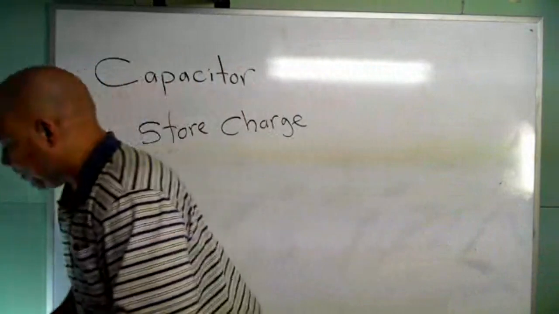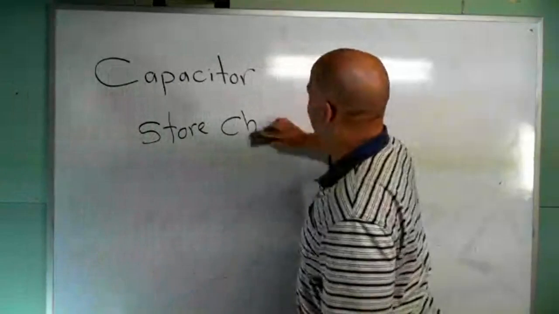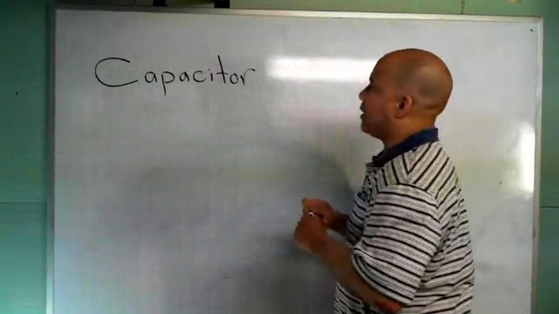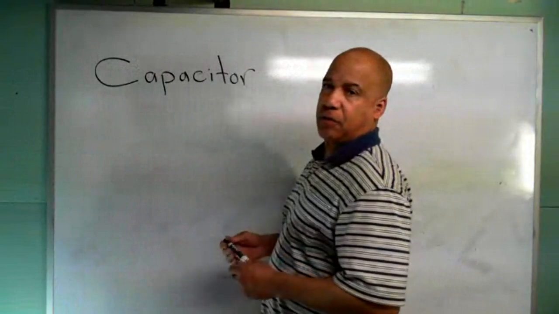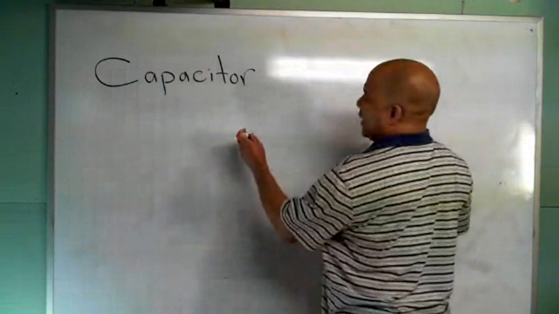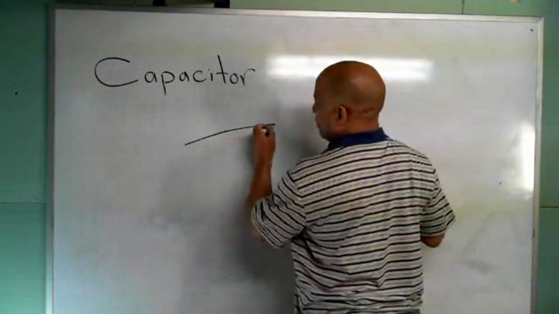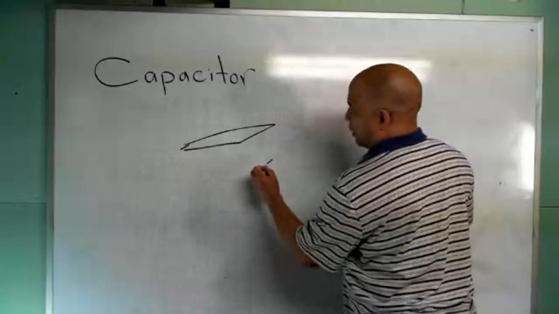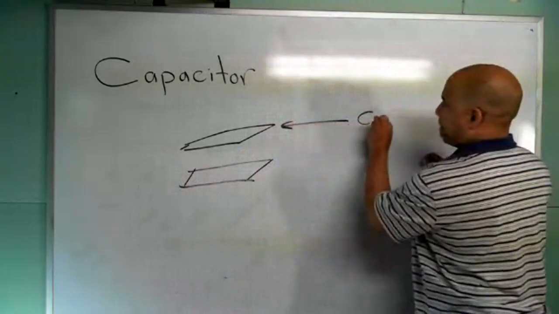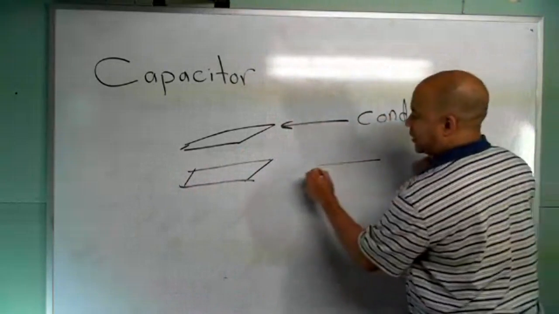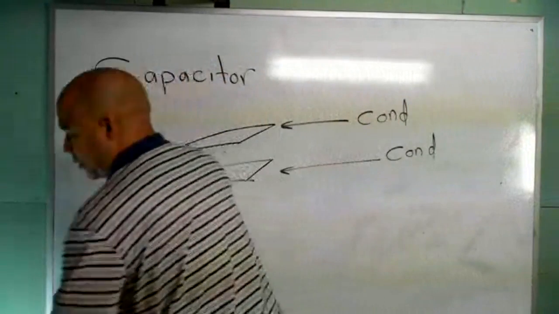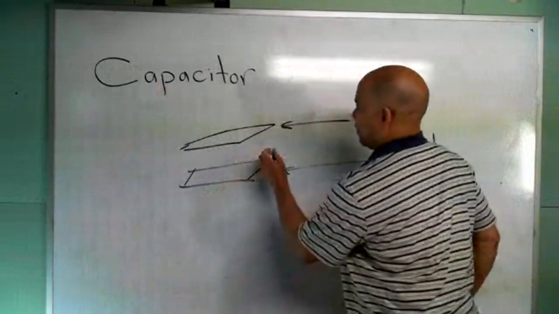So let's talk about the capacitor. Physically, what is a capacitor? How does it look? Basically, a capacitor consists of two conductors separated by an insulator. So if I take maybe a metal sheet and another metal sheet, this is a conductor, this is a conductor, and then between these conductors I put an insulator.